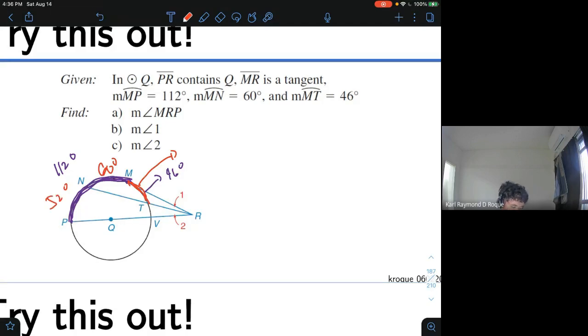Find the measure of MRP. Diameter ito. So, alam natin na ito ay 112 plus 46, 158, 22 degrees. Measure of MRP is 112 minus 68, one half, 44, 22 degrees. Measure of angle 1, 60 minus 46 over 2, 7 degrees. Measure of angle 2, 52 minus 22 over 2, 15 degrees.